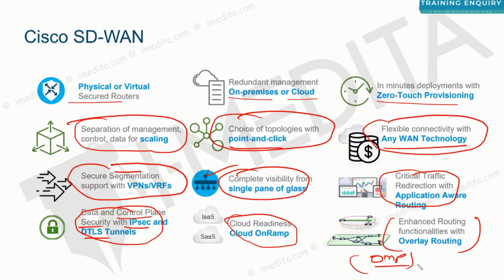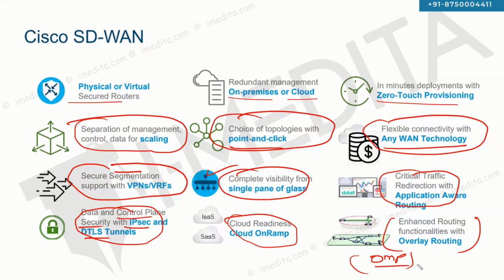OMP will be running as a protocol between vSmarts and between vSmart and the managed routers, so that managed routers can exchange their routing information with each other via vSmart in the form of OMP updates. OMP was introduced by Viptela, and obviously this whole Cisco SD-WAN technology is Viptela SD-WAN technology.